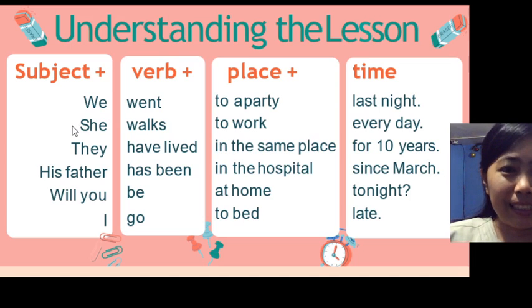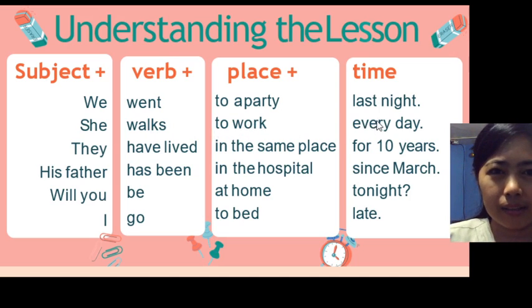Okay, next sentence. She walks to work every day. She walks to work, place, every day, time. So you don't say she walks every day to work. Place first and then time. Next sentence.